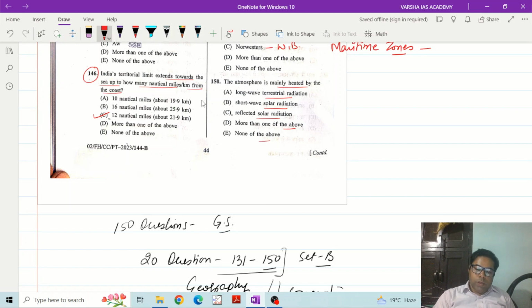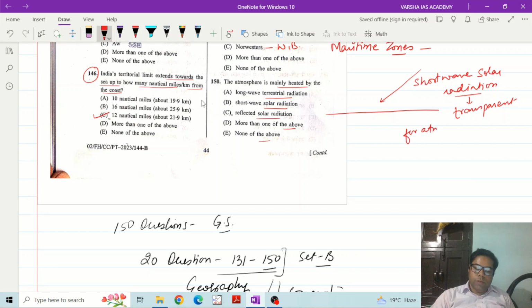See, when sun rays come to the surface of Earth, they are called short wave solar radiation. Remember, short wave solar radiation is transparent to the atmosphere, meaning it directly reaches the surface and has no heating effect on the atmosphere.